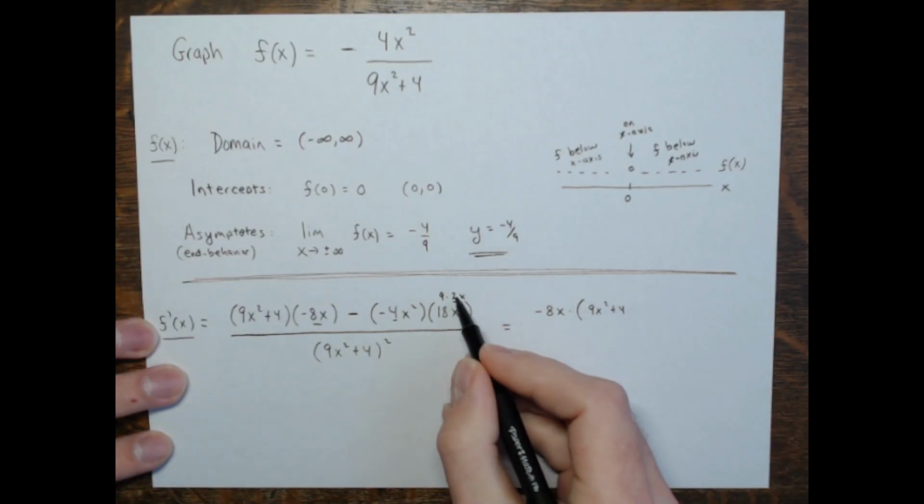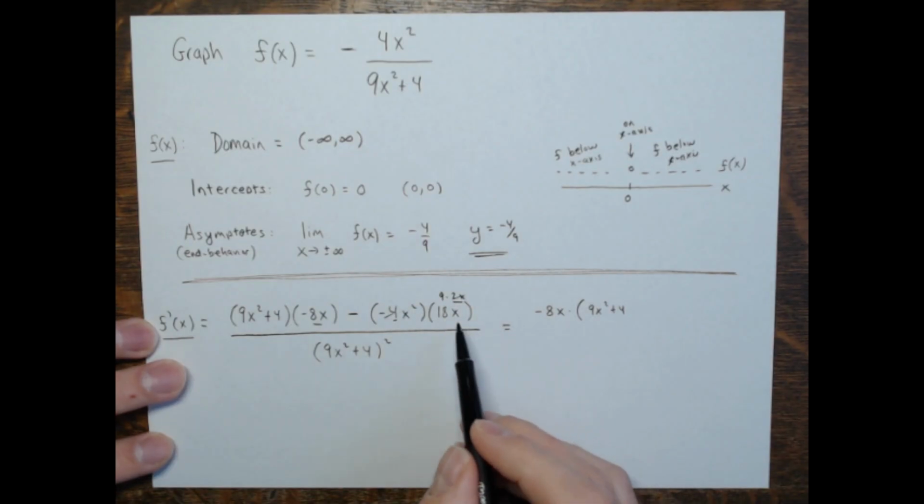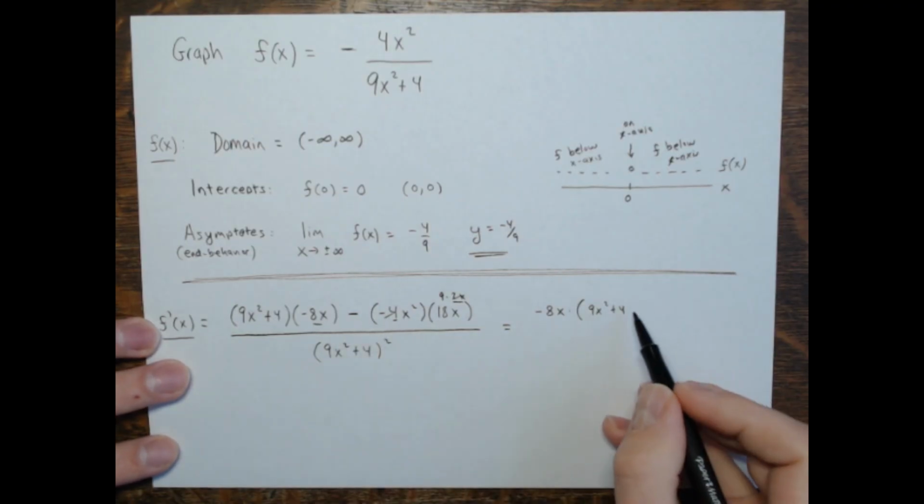And if I remove the 2x and the negative 4 here, we'd have minus 18x cubed.